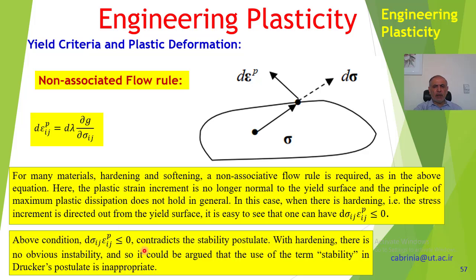It says here that due to this non-associated flow rule, the Drucker postulate is not appropriate for the non-associated flow rule. It's only appropriate for the associated flow rule. And I tell you that in engineering plasticity, mostly we are dealing with associated flow rule.